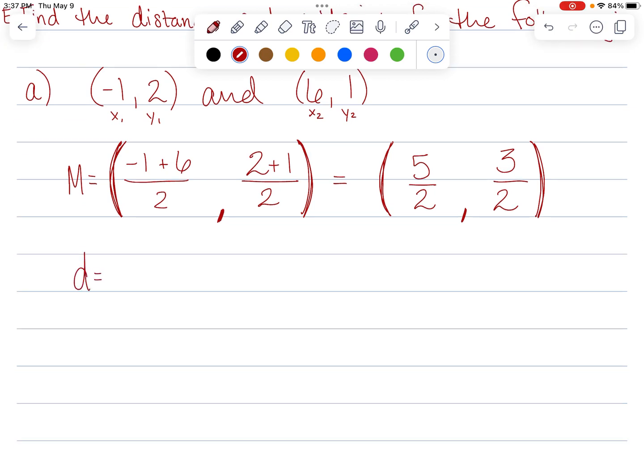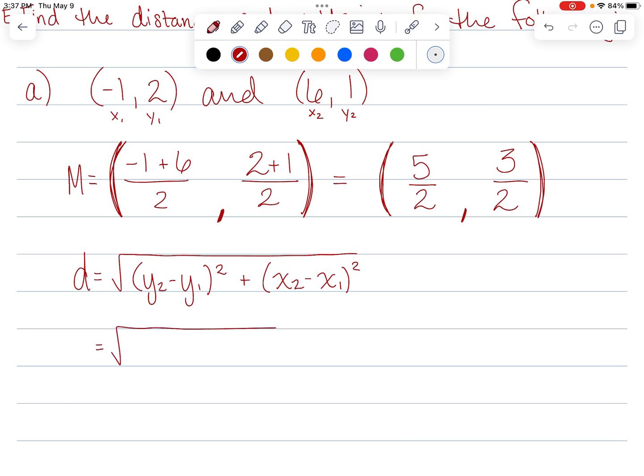Distance. Now, distance formula people tend to make the bigger mistakes on, so I'm going to rewrite the actual formula here just so we have it handy. So, distance equals square root of y2, we said was 1, minus y1 is 2, squared. It's a plus between the parentheses. x2 was 6 minus x1 was -1.